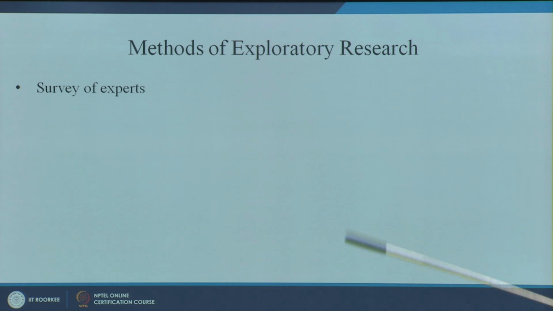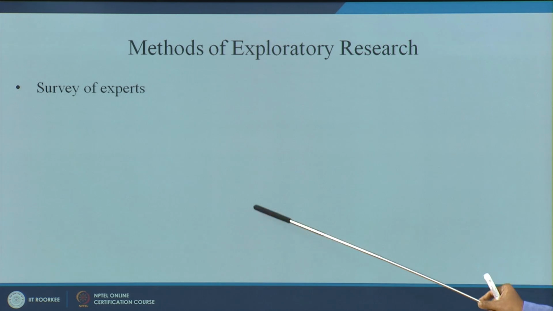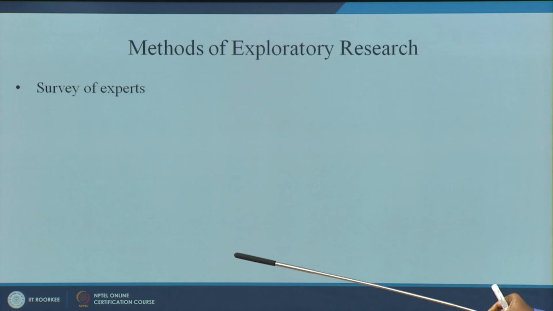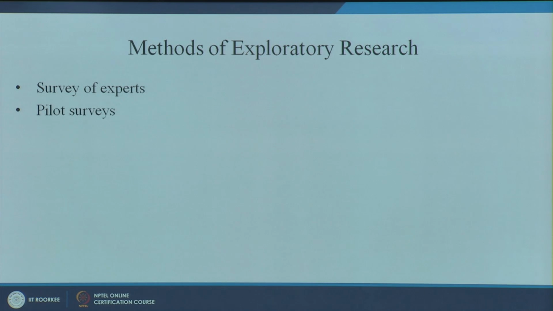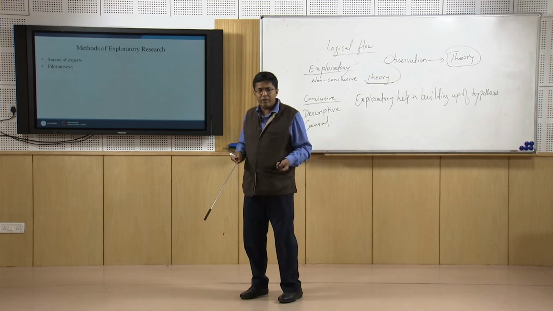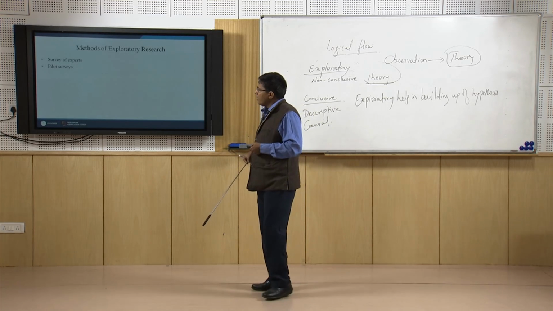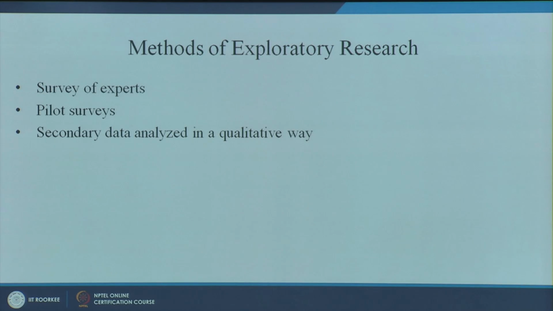Now, some of the methods which I will be telling you about in the next session are surveys of experts. You must have heard about pilot surveys being conducted, right. Then using secondary data, understanding it in a quantifiable and qualitative manner, right.